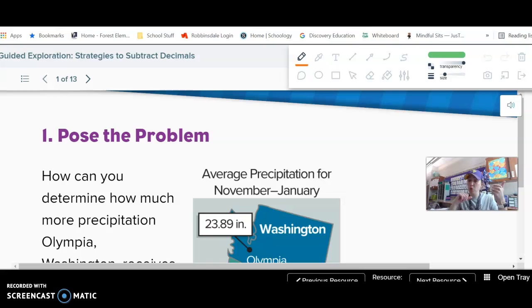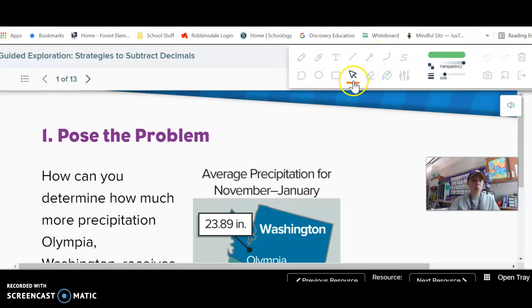I should double check both my estimating and what strategy I used. Maybe I didn't line it up. Maybe I forgot to put the 0. So that's one way why we estimate, is to see, did I make a mistake in my answer or is it reasonable? Just wanted to point that out.